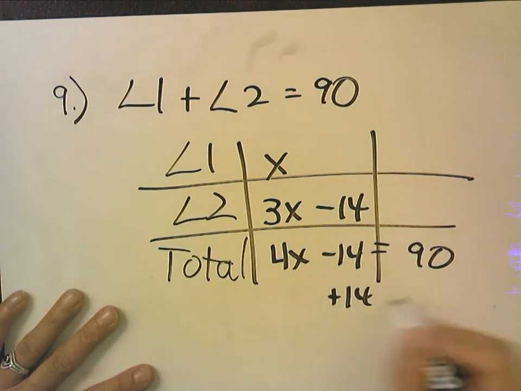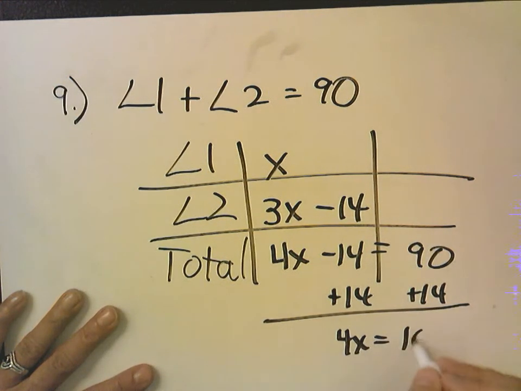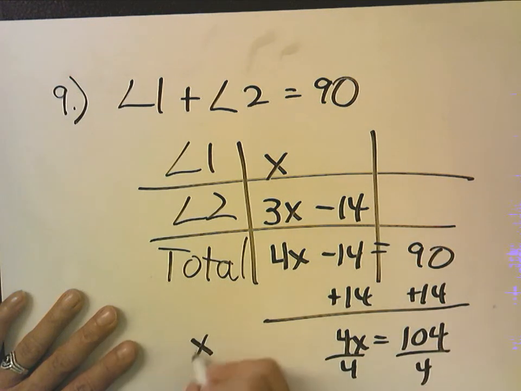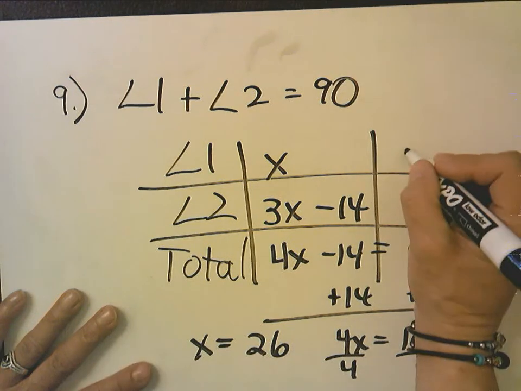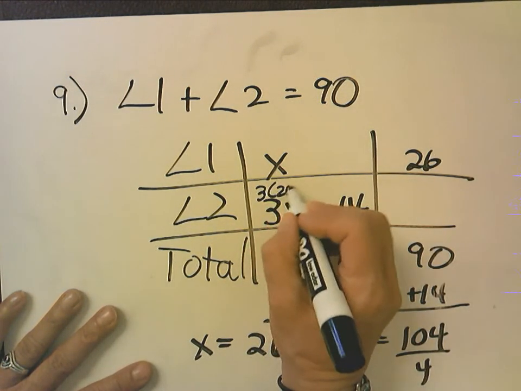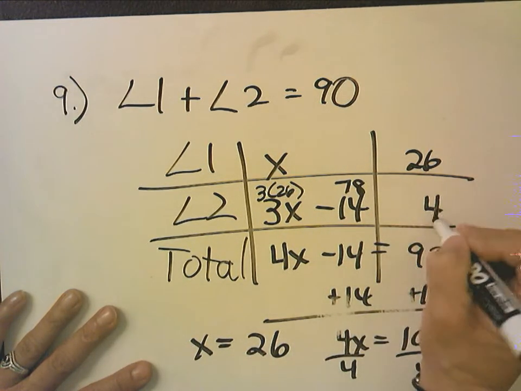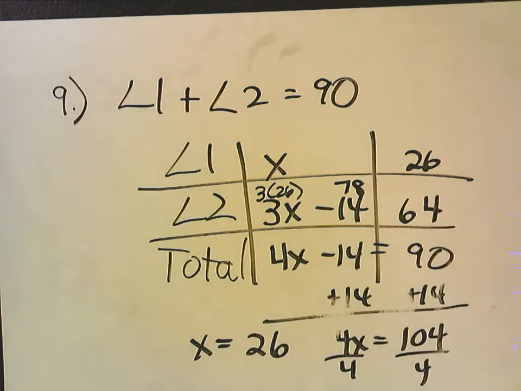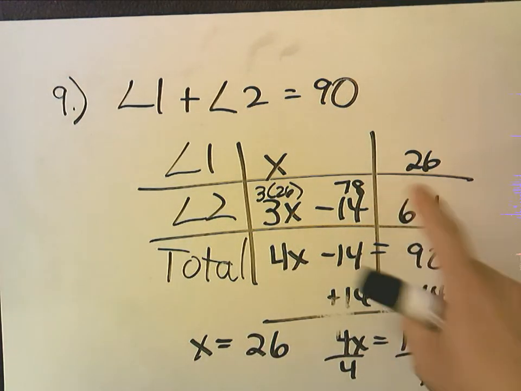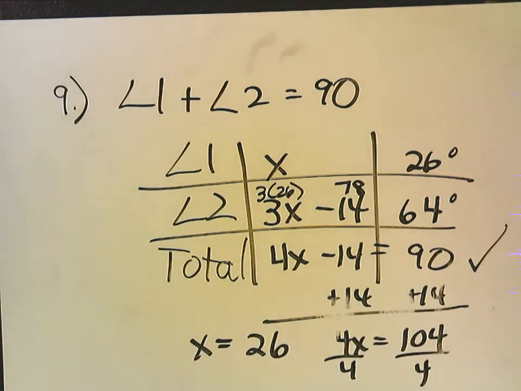Then I add 14, add 14. 4x equals 104. Divide by 4, divide by 4. X equals 26. This is 26. 3 times 26 is 78 minus 14 is 64. 6 plus 4 is 0. Carry the 1, adds up to 90, and I know I'm correct, and those are degrees.